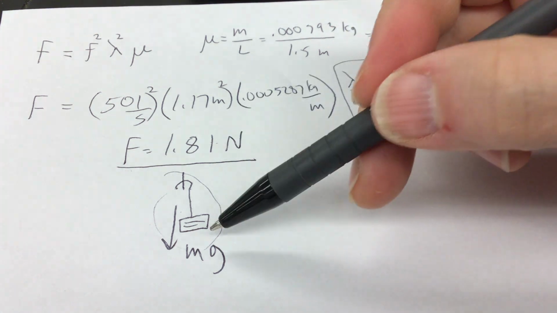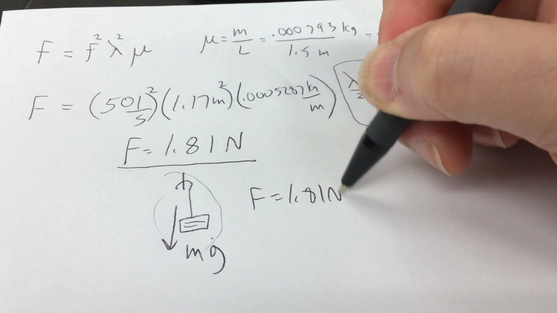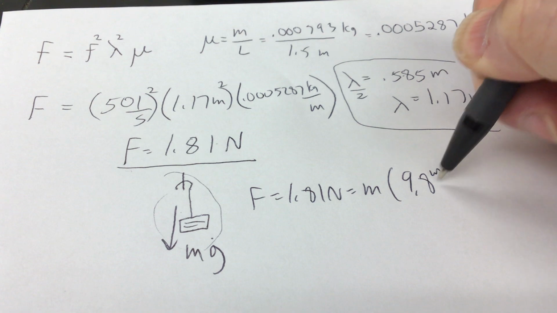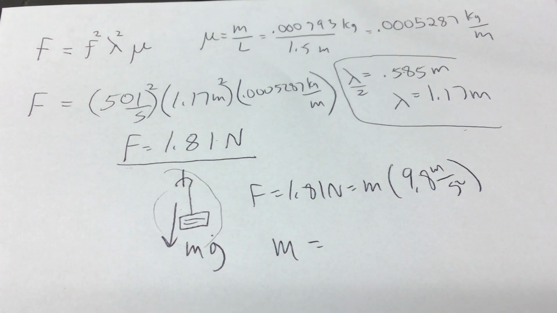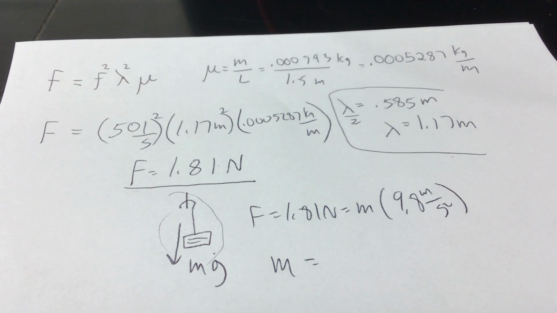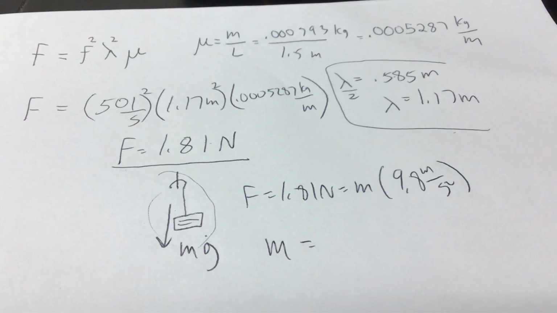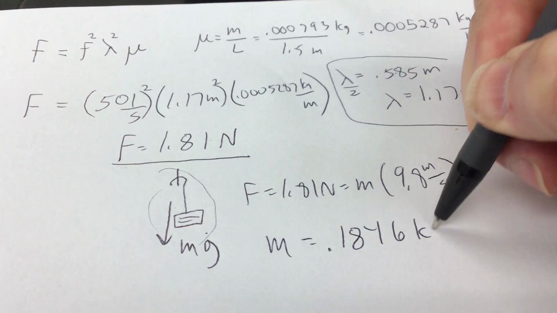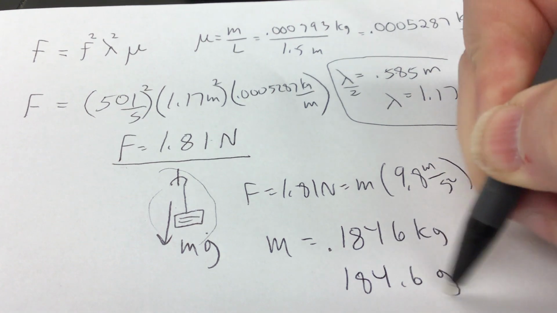So this 1.81 newtons should be equal to the mass times the acceleration of gravity, which is 9.8 meters per second squared. So what is the mass equal to? Well, let's just divide 1.809 by 9.8, and we get a mass of 0.1846 kilograms. Now remember, that's the same thing as 184.6 grams.